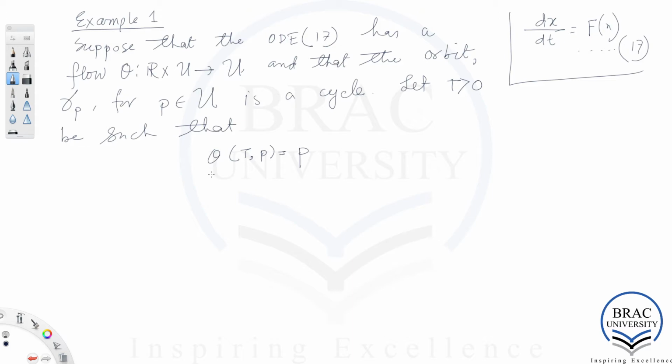We know that theta of 0 comma p is p, right? But we have this thing as well. Theta of T comma p is equal to p, and u sub p, the image of the solution as the time varies from 0 to big T, is equal to the curve gamma sub p.